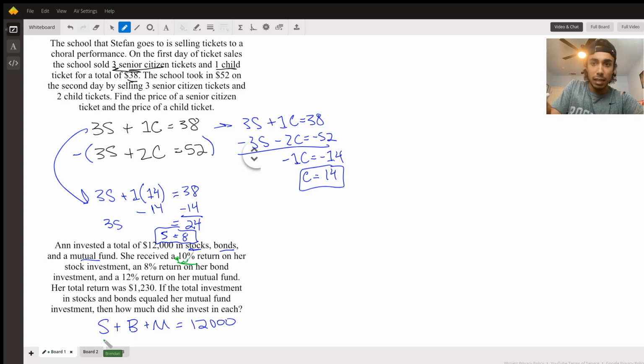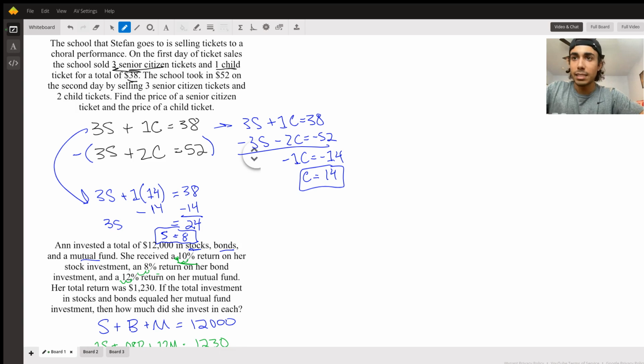So 10% of the stock investment, 8% return on the bond. Again, we're moving that decimal over 2 places, so that's going to be 0.08, so 0.08 of the bond investment, and then 12% on the mutual fund. Again, we move that over 2 places, and that's going to be 0.12. So 0.12 on the mutual fund investment equals $1,230 return.